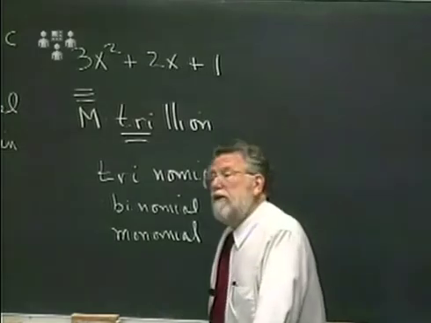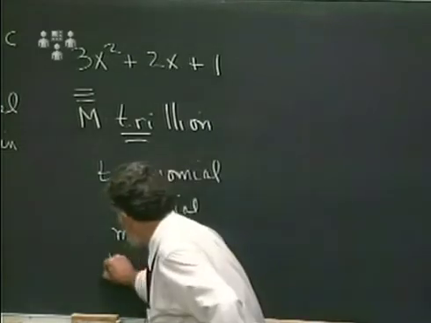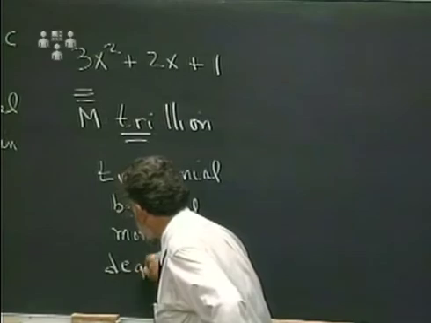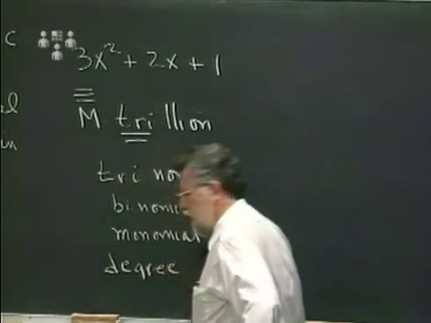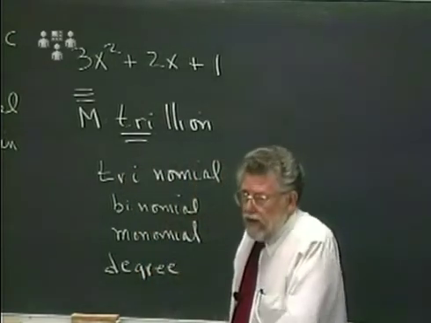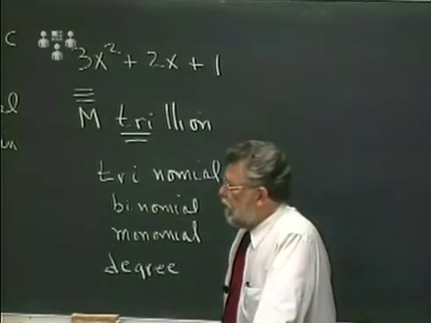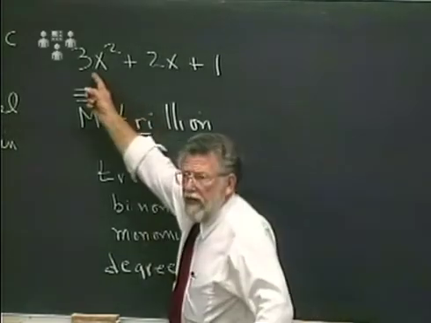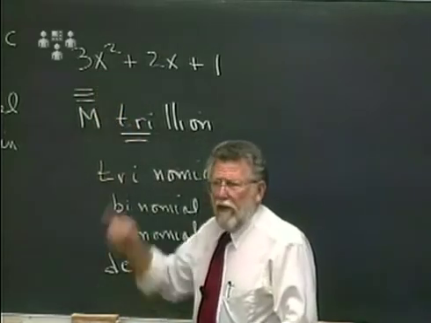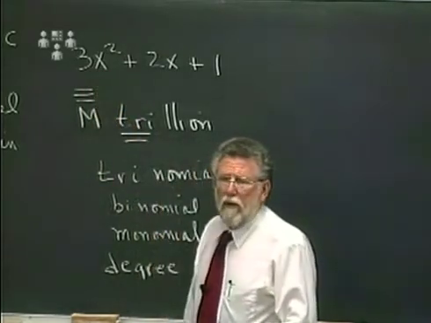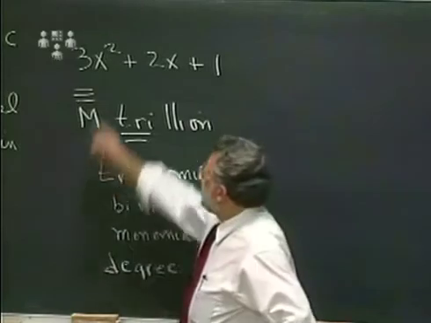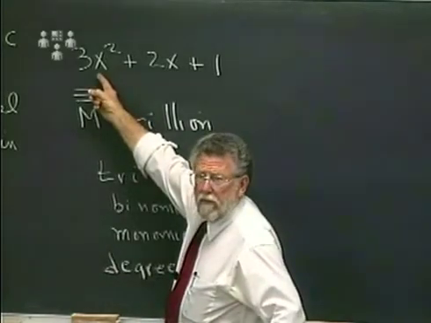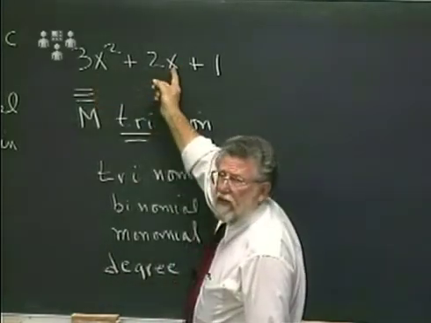We talk about the degree of a term. Now this is just, you read what's said and you memorize it, and try 30 problems until you have it. The degree, if you see a single variable, the degree for that term is the exponent on the variable. That's a second degree term. Now here you say, well, I don't see an exponent.